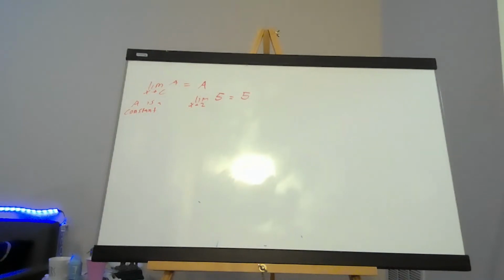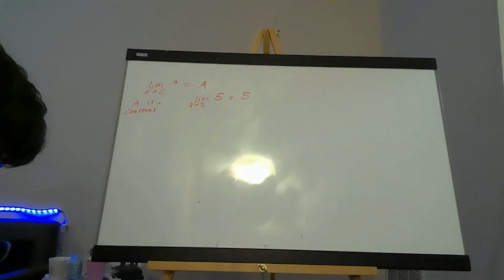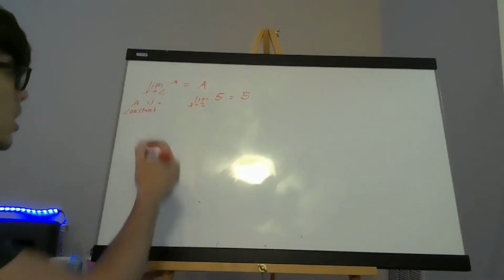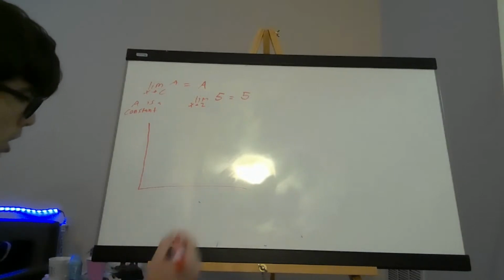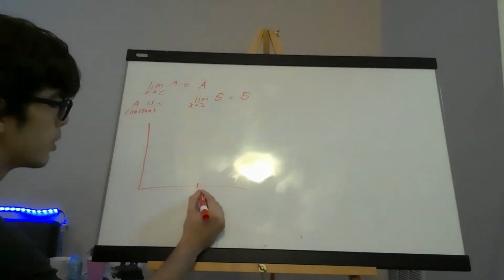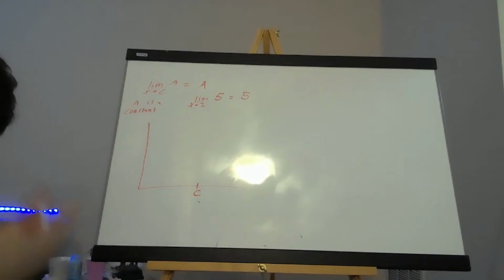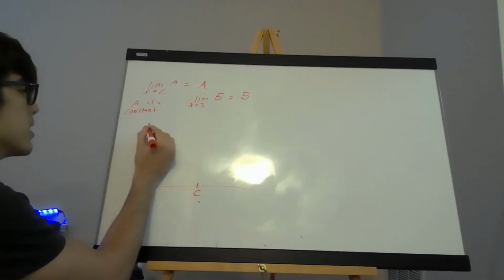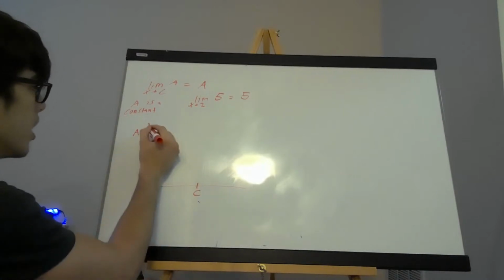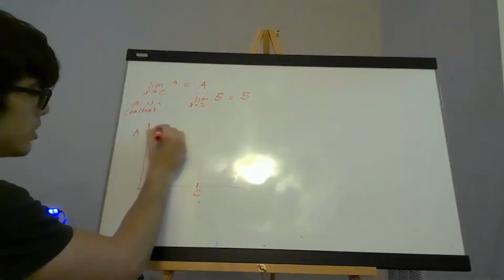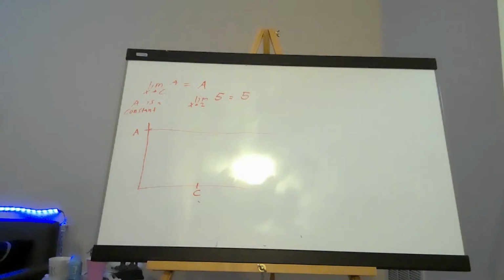And there's a couple ways you can interpret this. I think graphically would be the easiest to understand. So if we draw out a graph here like this, where we've got our number c to which x is approaching, and our constant a. Then the function of a is just going to be a straight line because the rate of change for a constant is 0 because it's always going to be the same.